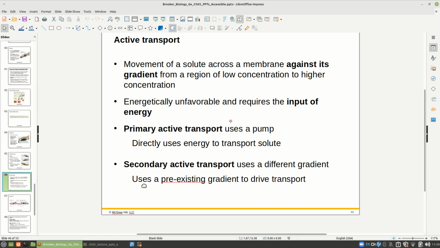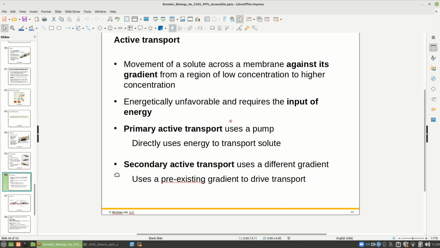Tri meaning 3, and di meaning 2, so adenosine triphosphate versus adenosine diphosphate. And when it gives up that P, that phosphate, it releases energy, and that energy goes to the protein, and that protein can then change shape and do some work. You must understand that concept. There will be lots of questions about that.